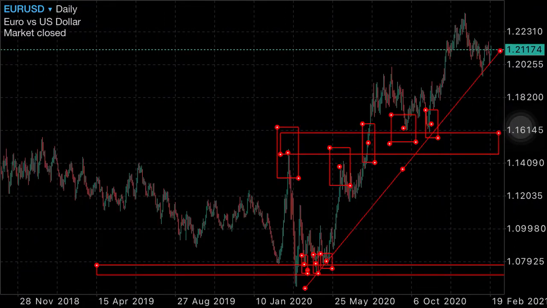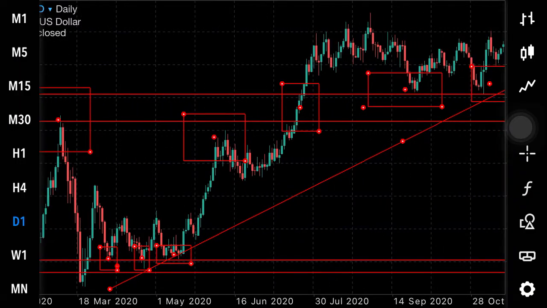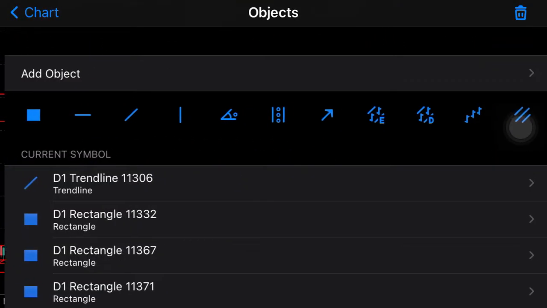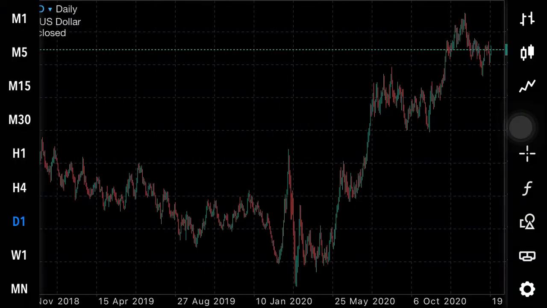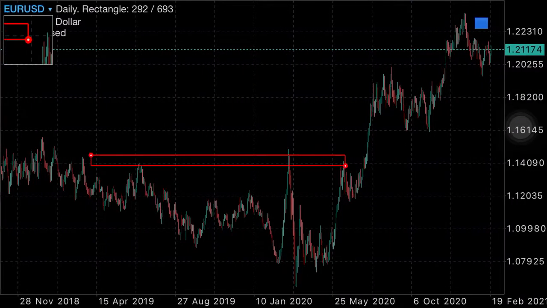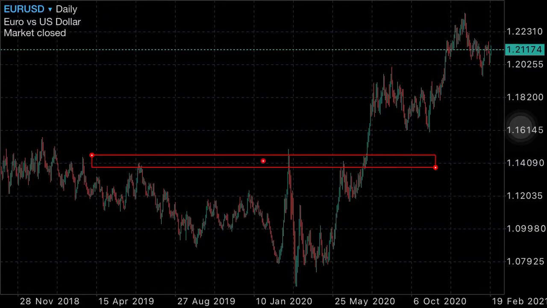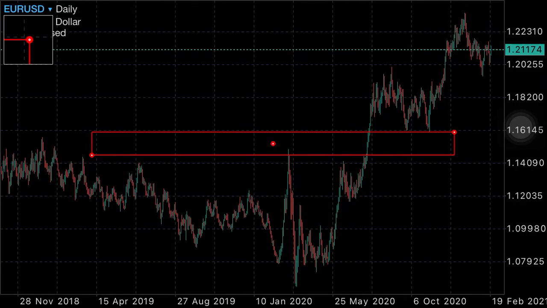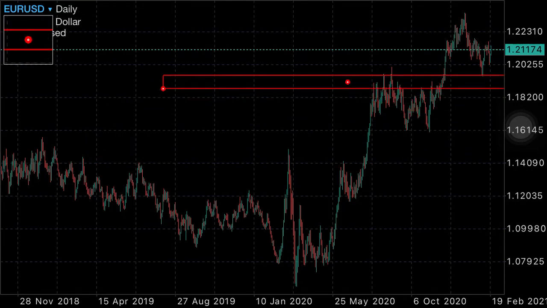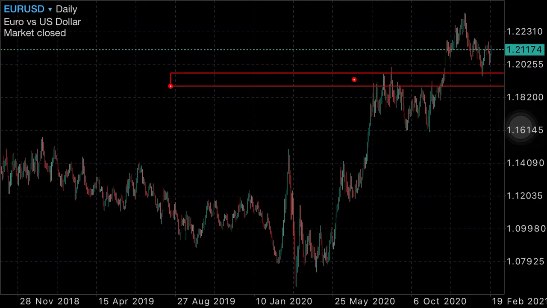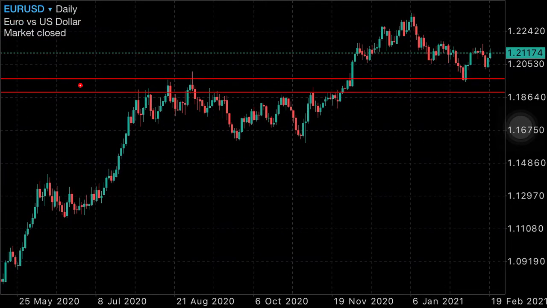So back to the strategy. I'm not here to preach about support and resistance actually. So, a significant level. I'm seeing many significant levels here, so we are going to highlight all of them. Look at this.